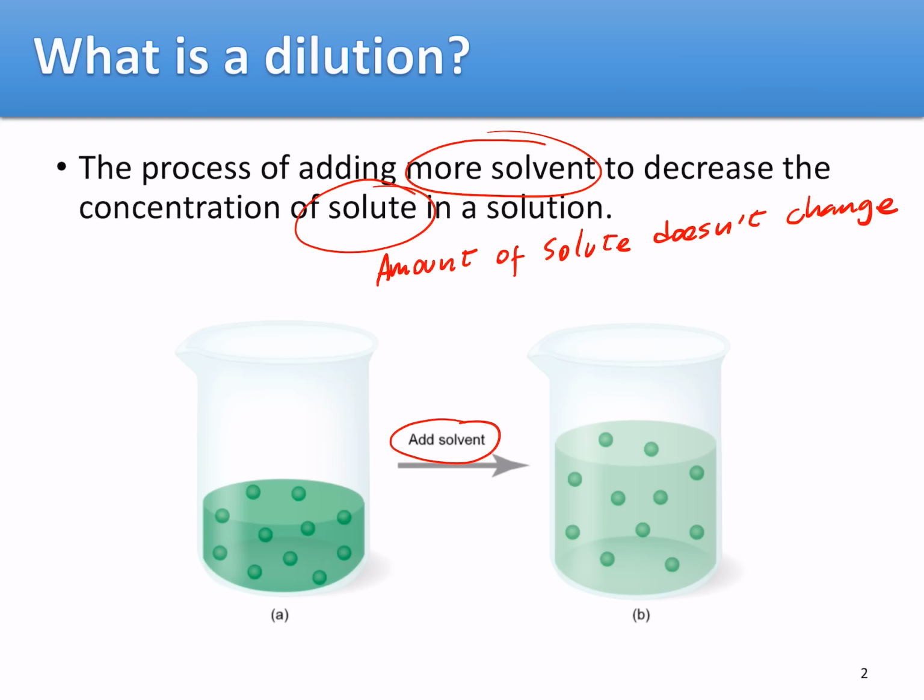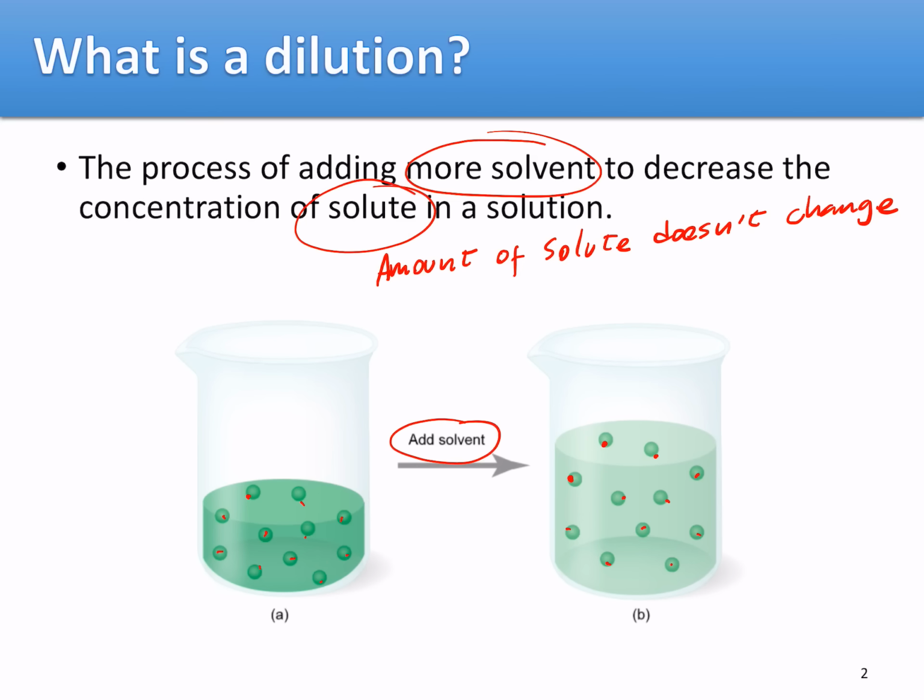Here you can say, well, 1, 2, 3, 4, 5, 6, 7, 8, 9, 10, 11 particles of solute. You're going to see the same number, 11, in the second case. You just change the amount of solvent, the amount of water, if that's the case, but you are not changing the amount of the solute that you have there.